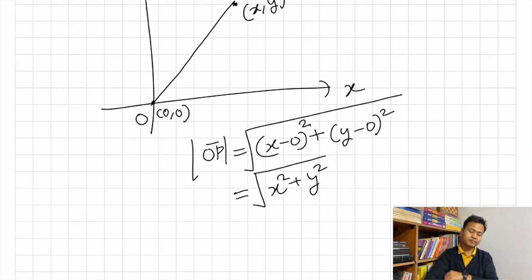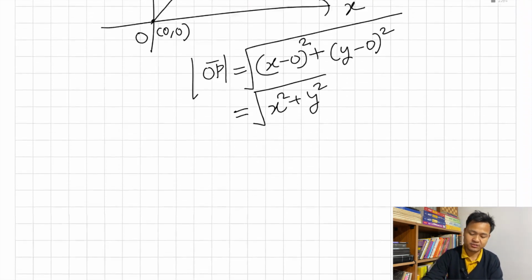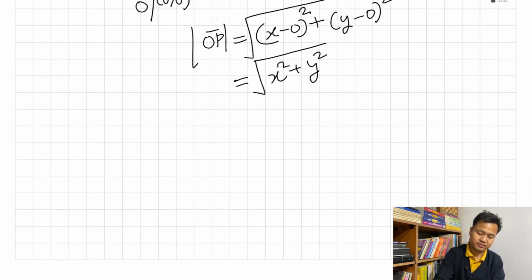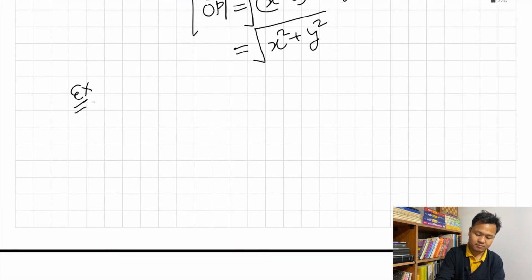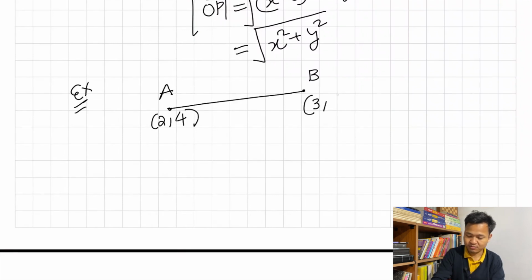Now let's do one example on this. If I have a point A which is 2, 4, and another point B, let's say 3, minus 2, some random position.